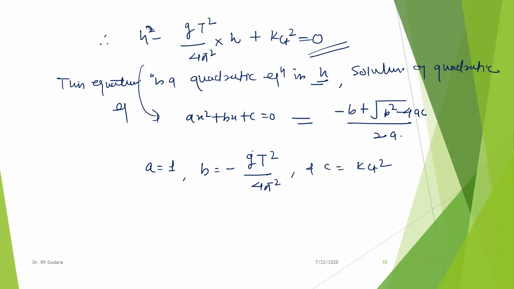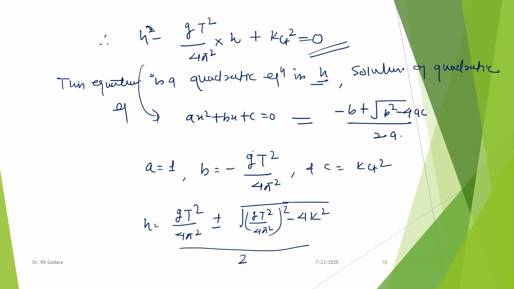If we put these values in, we get h equals g T square over 4 pi square plus or minus the square root of (g T square over 4 pi square) whole square minus 4 kg square, over 2. This equation has two solutions.